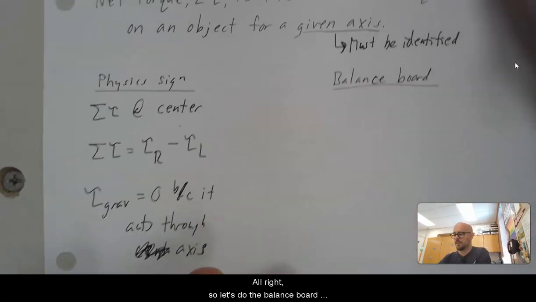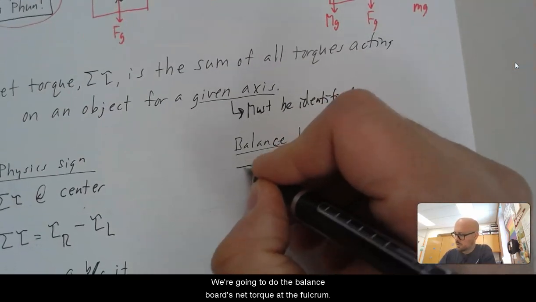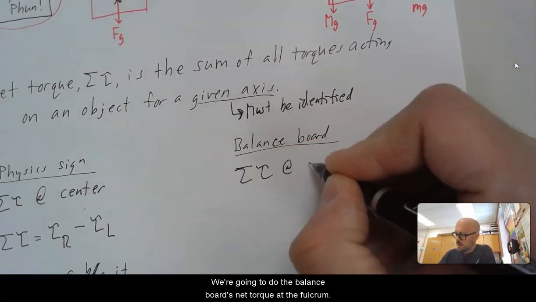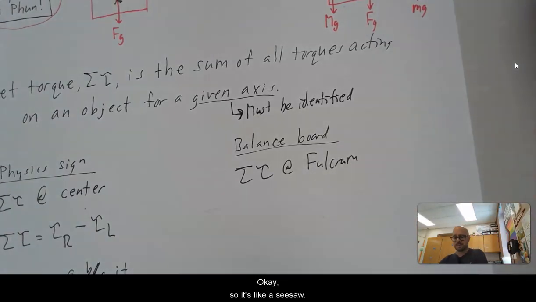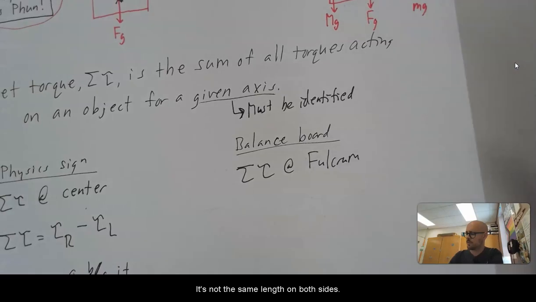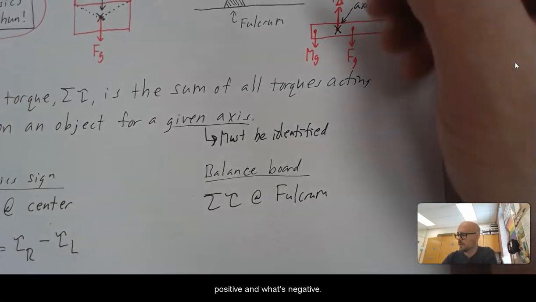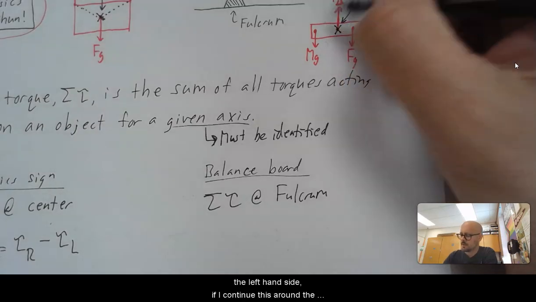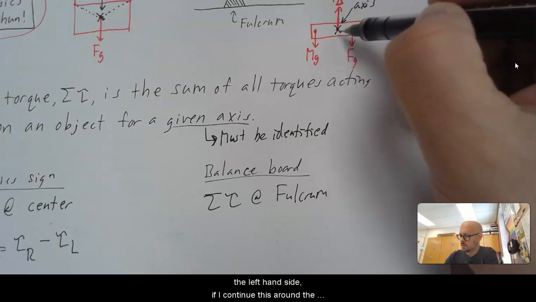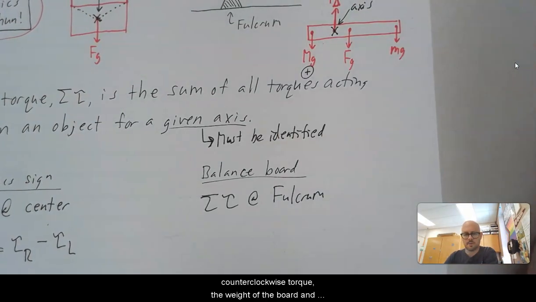All right, so let's do the balance board as our other example. We're going to do the balance board's net torque at the fulcrum. Okay, so it's like a seesaw. It's not the same length on both sides. And again, I need to decide what's positive and what's negative. Now, this big person's weight on the left-hand side, if I continue this around the axis, that's going to give me counterclockwise torque.